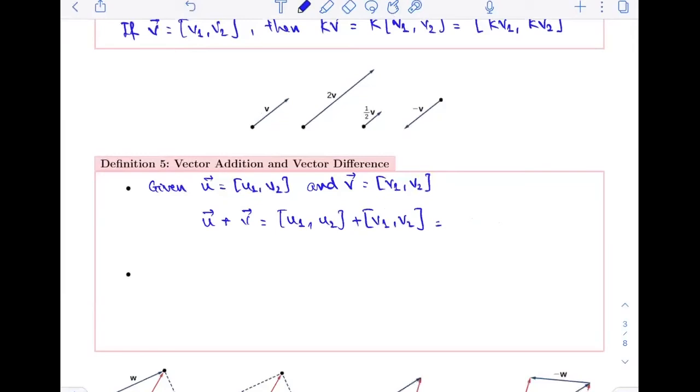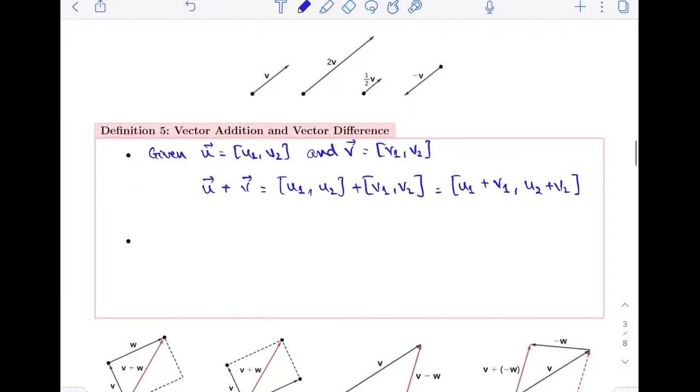So that means x component combined together and the y component combined together. So this is equal to u1 plus v1 and u2 plus v2 for the vector additions.